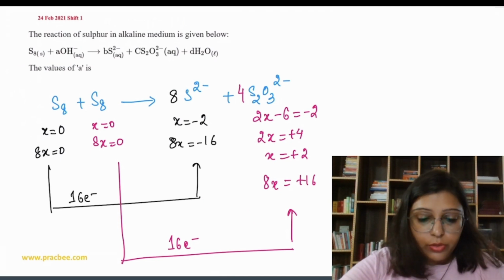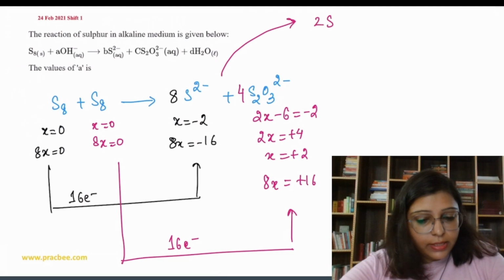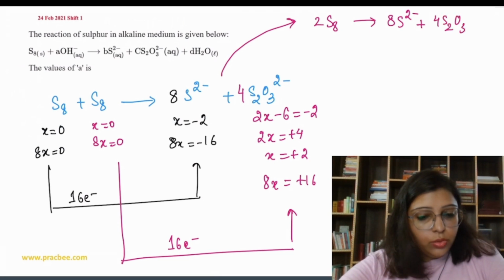Now what we are going to do, I am writing this whole equation as S8 gives 8S2 minus plus 4S2O3 2 minus.